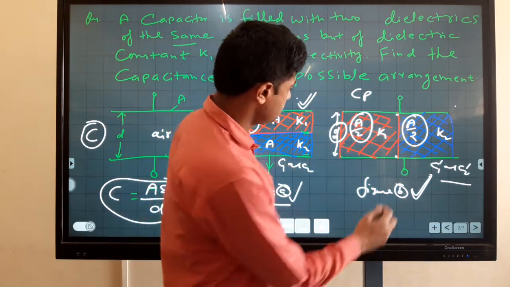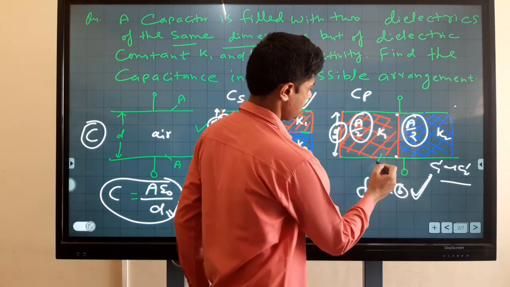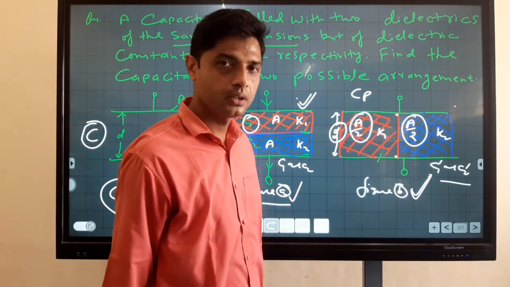Now in the second case, for C1 dash, the area is half but the distance is the same.